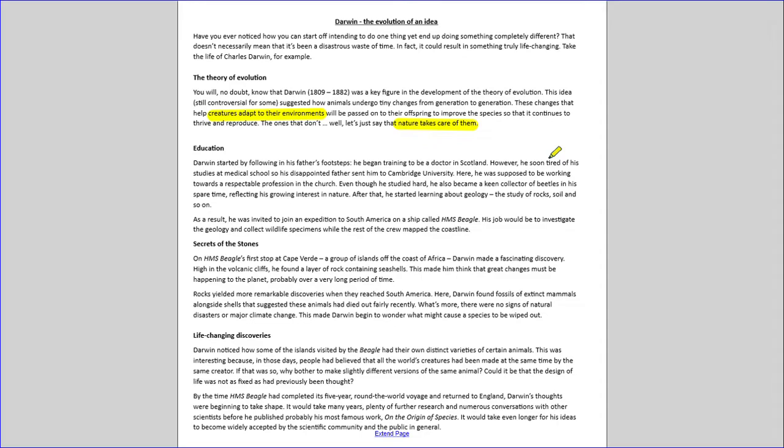So, I'm thinking about it, I'm thinking, okay, the ones that do adapt, they thrive, they do well, they survive, they have offspring, they reproduce, they create babies. So the ones that don't adapt, well, it must be that they don't thrive, they don't do well, they don't survive, and they don't reproduce.